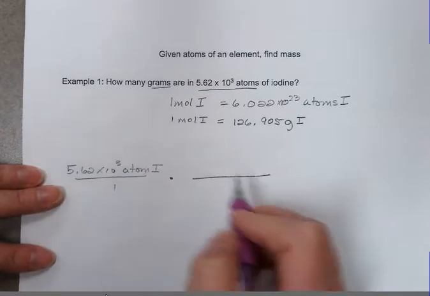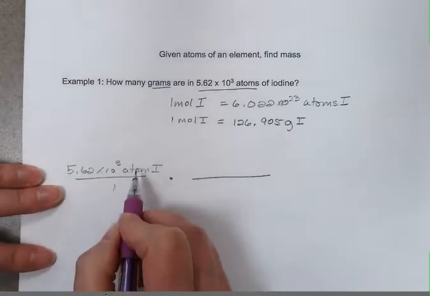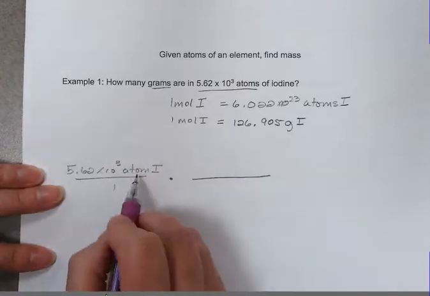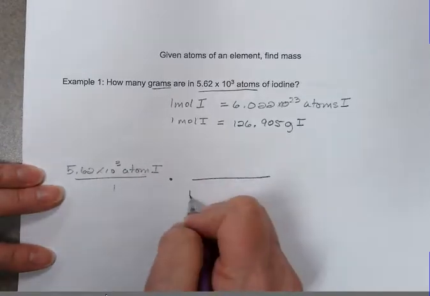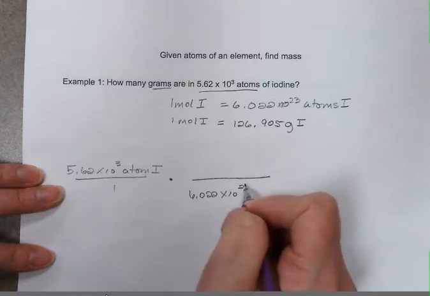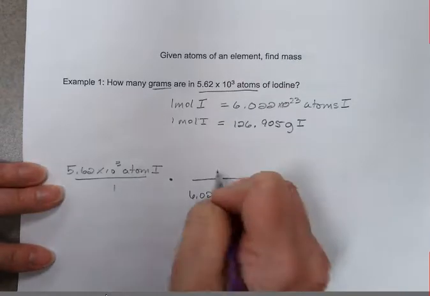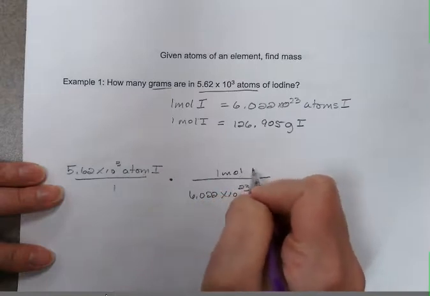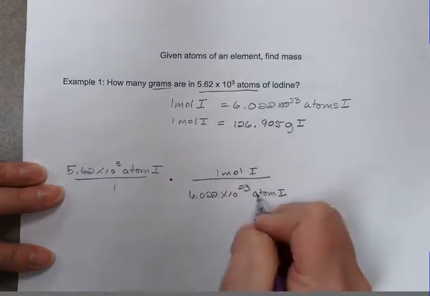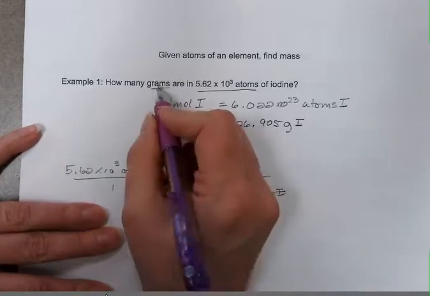So here we have atoms. Since I want atoms to cancel, it's going to have to go in the denominator. Remember when we did the particles to moles, we knew we have to divide by particles. Alright, so we've got atoms canceled, but we're left with moles.